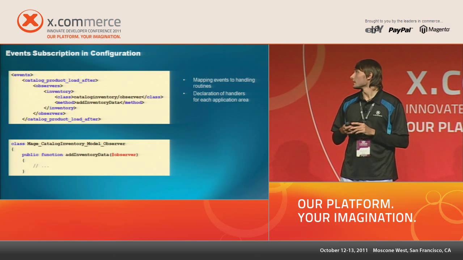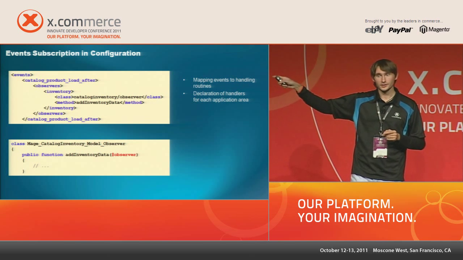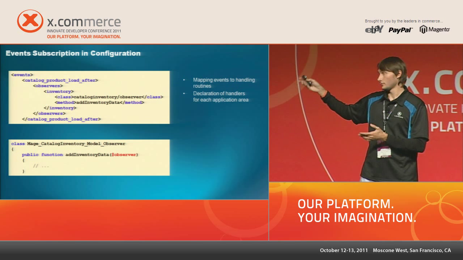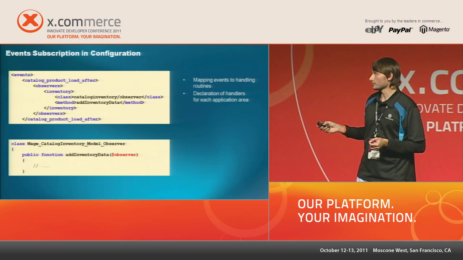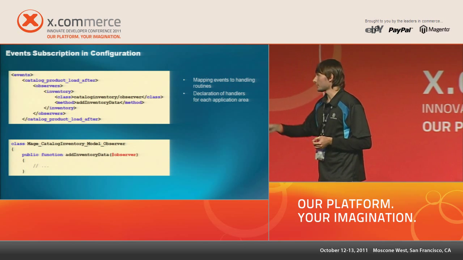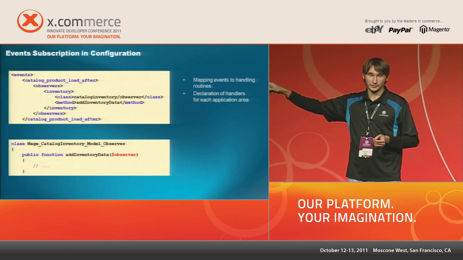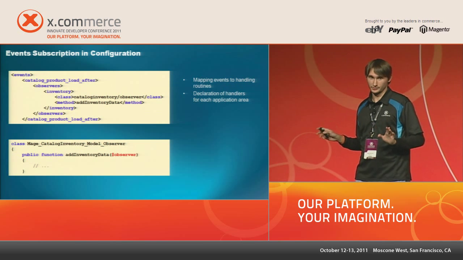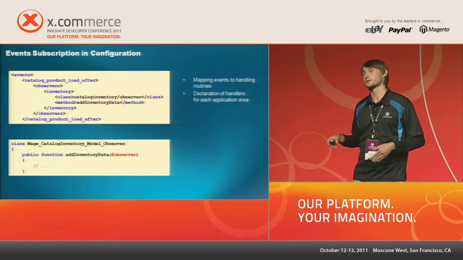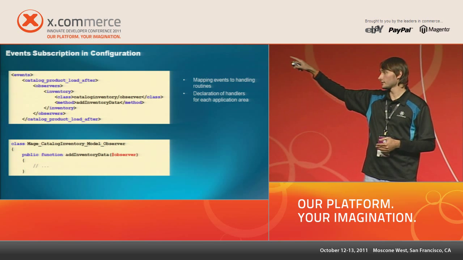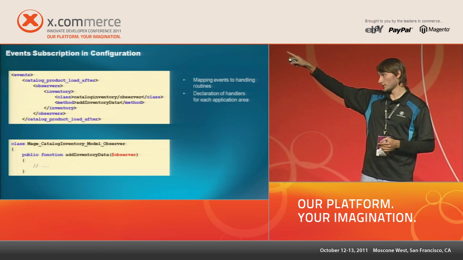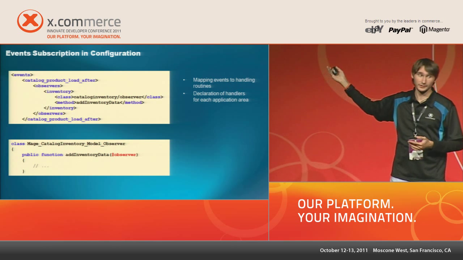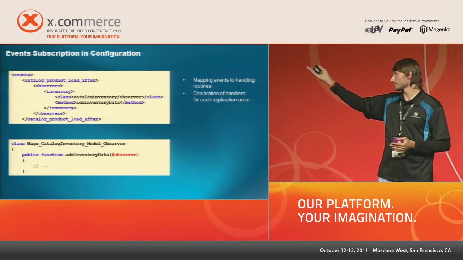So event subscription looks like this in Magento 1.x. To subscribe to an event, you have to declare some class and introduce some method which is going to be the event handler, but it's not the subscription yet. To subscribe it to the event, you have to add these lines to the event configuration, which is in XML format, easy to understand.